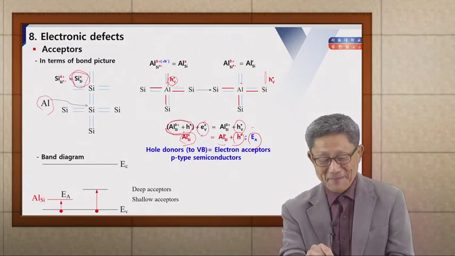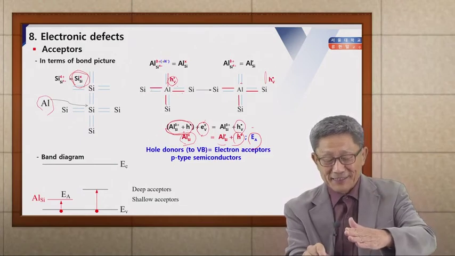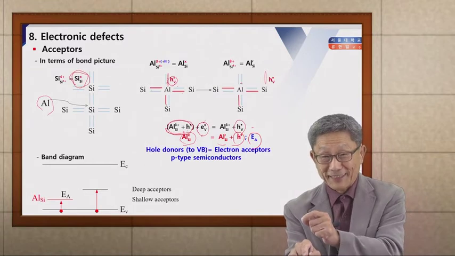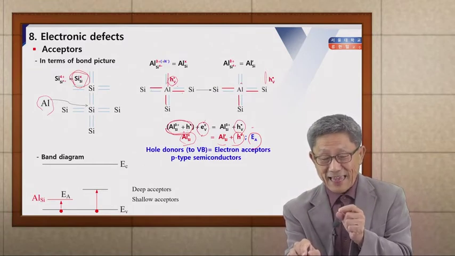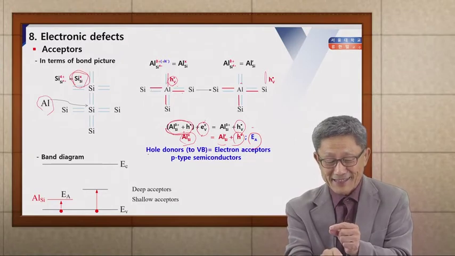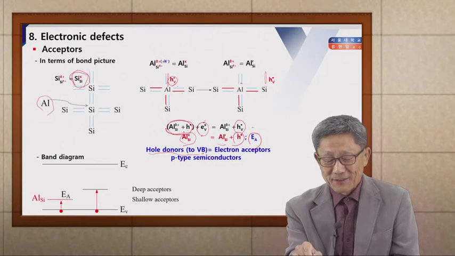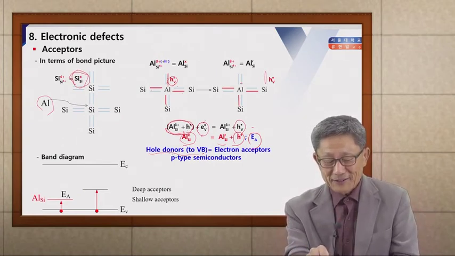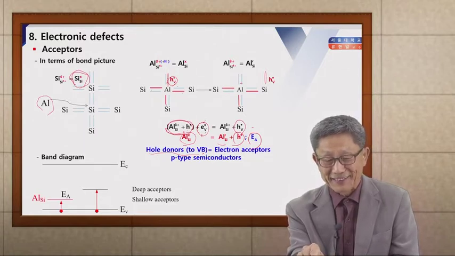All right. So this kind of lower valent impurity works as, so to say, hole donors to the valence band. In the previous case, we learned electron donors, but in this case, actually hole donors. But we can say, the other way around, by donating holes, you have to pick up electrons from the valence side, right?